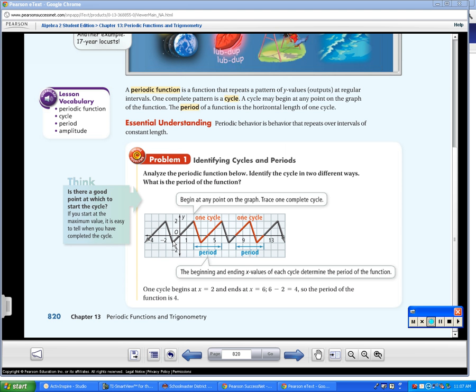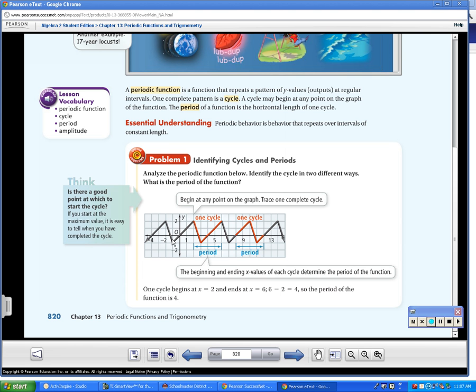every single time, okay? So one cycle of this function is you can pick any point that you want on the graph. So like this point right here. And then if you go until you get up to that y value again, that is one cycle of the function. So from here to here is one cycle. Okay?